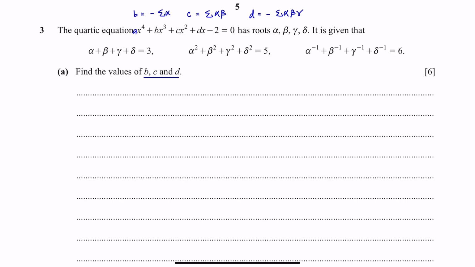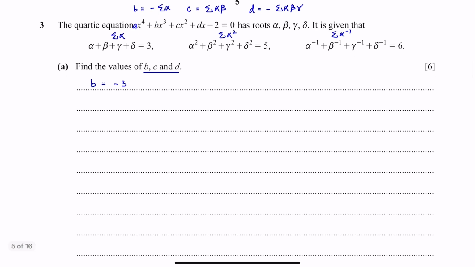Okay. So b is just the sum of roots, and this is the sum of root square and the sum of root inverse. So b is basically just -3. Because this is just this. And we have this equation.